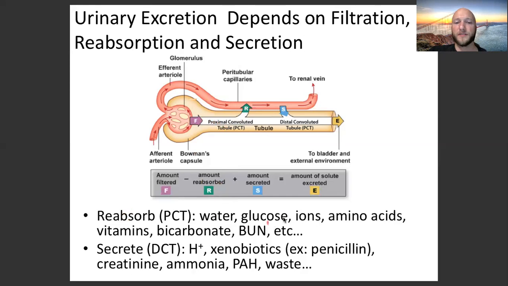So all these things, water, glucose, ions, amino acids, vitamins, bicarbonates, BUN, it all gets filtered out through the glomerulus and then completely or partially reabsorbed.